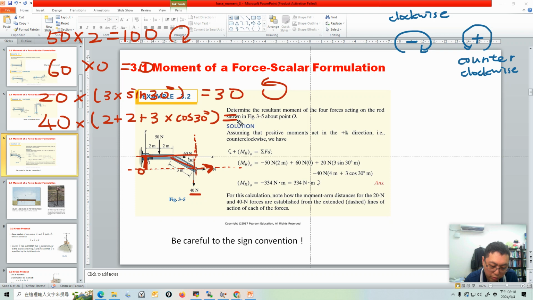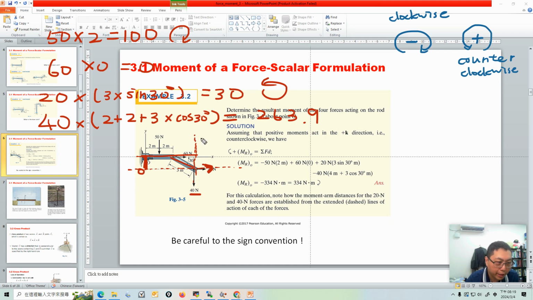So let's see what the result is. 2 plus 2 plus 3 times cosine 30 degrees, times 40, so let's say it's 263.9.